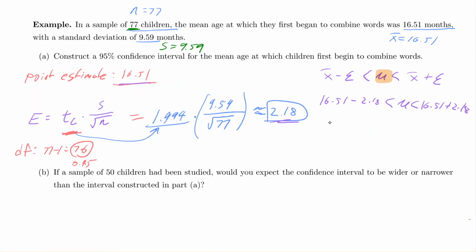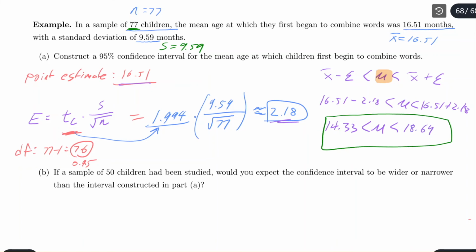Then we get 14.33 and 18.69. So this is the confidence interval for the population mean. We're 95% confident that the mean age at which children first begin to combine words is between 14.33 months and 18.69 months.